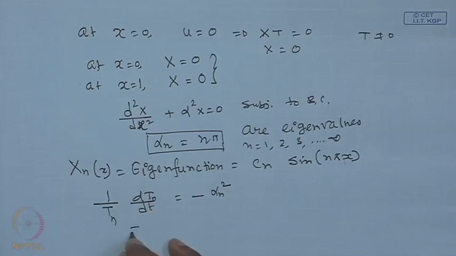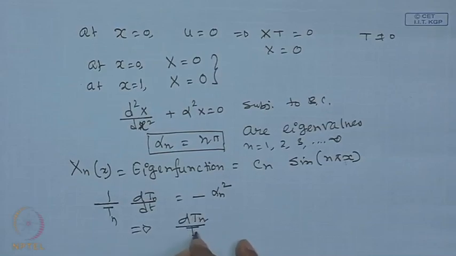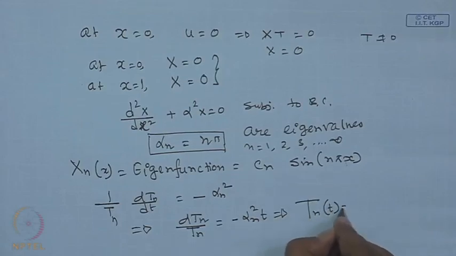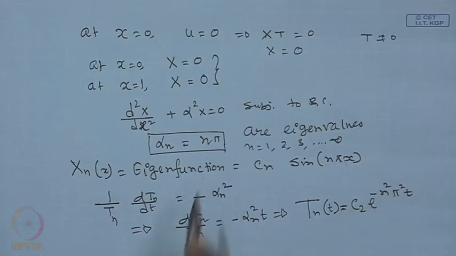If we solve this problem, this becomes dT n dt is equal to minus alpha n square T n, and we get the solution T n, which is a function of time, as one more constant, let us say C2, e to the power minus n square pi square t, where alpha n is nothing but n pi in this particular case.